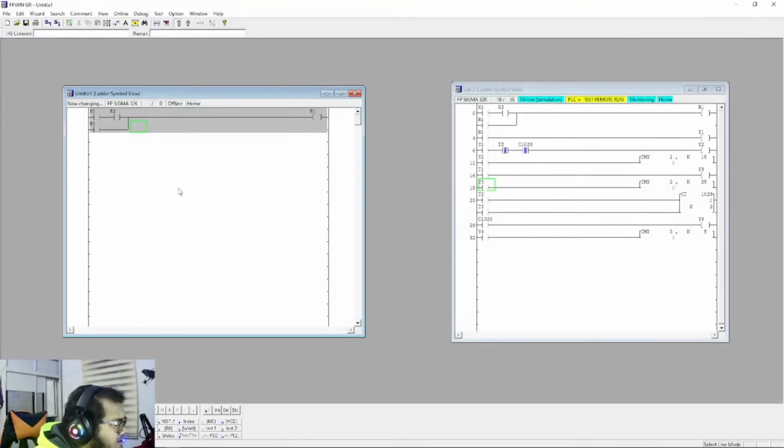This relay will be activated by both of these push buttons.